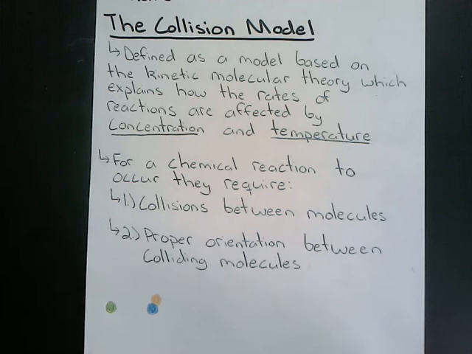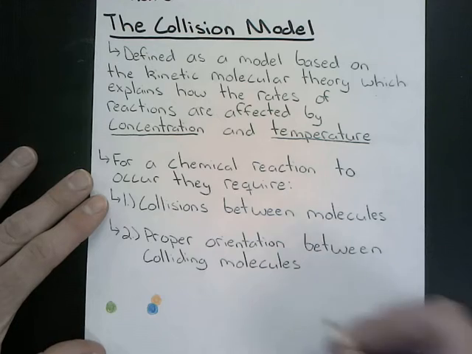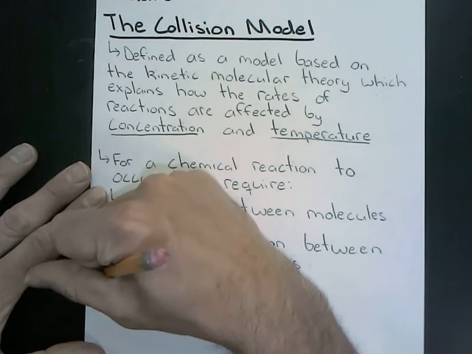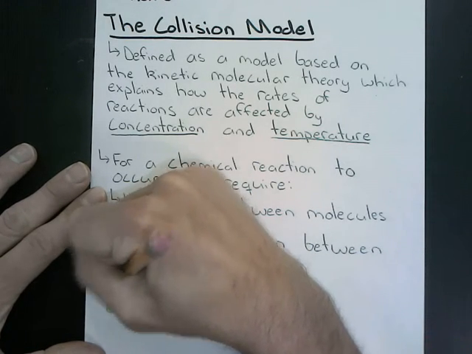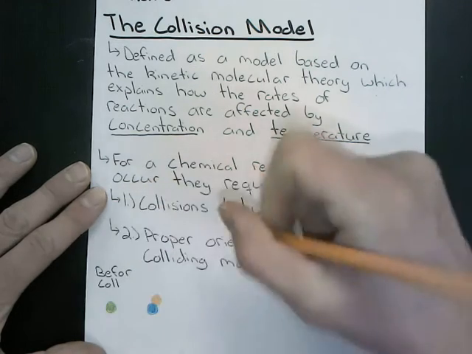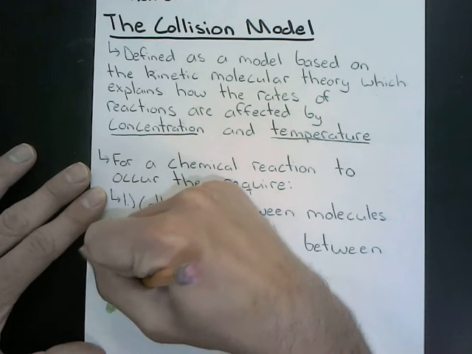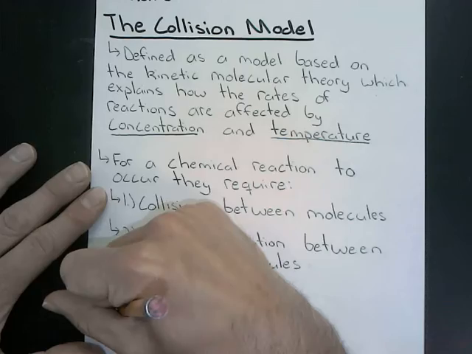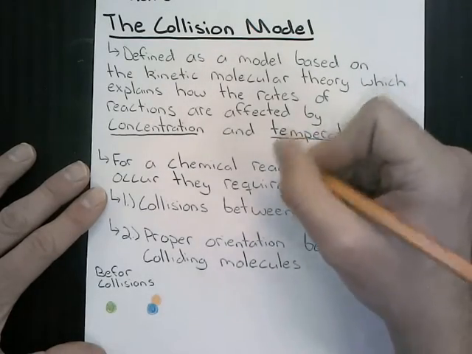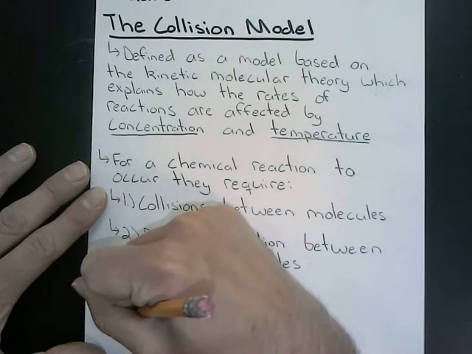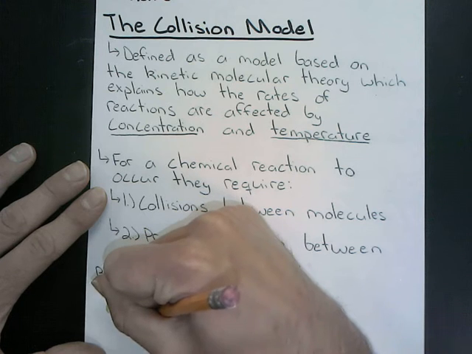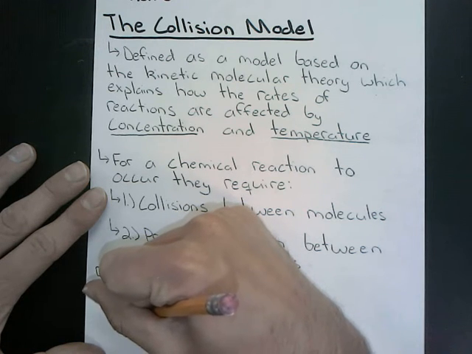Now, remember from the kinetic molecular theory that all molecules are in motion. So I'm going to write down a couple of things. Number 1, this is before the collision. And then number 2, if a reaction is going to occur, these molecules need to be able to run into each other.